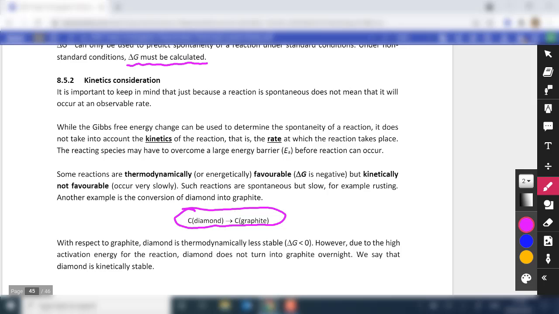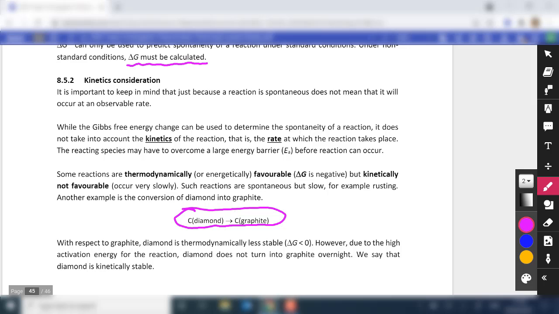So there are two considerations when we are trying to decide if a reaction is likely to happen or not. One is the thermodynamics consideration, which means we are looking at delta G. Another is the kinetics consideration, whether the reaction is fast or slow. So that will be the end of the energetics chapter.